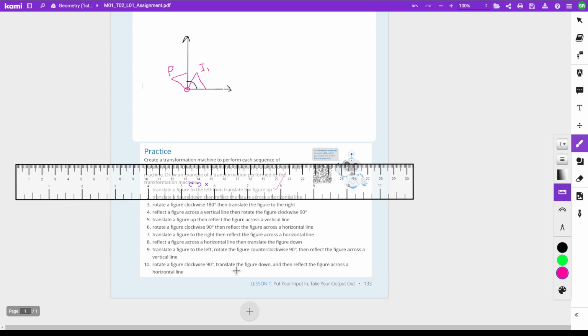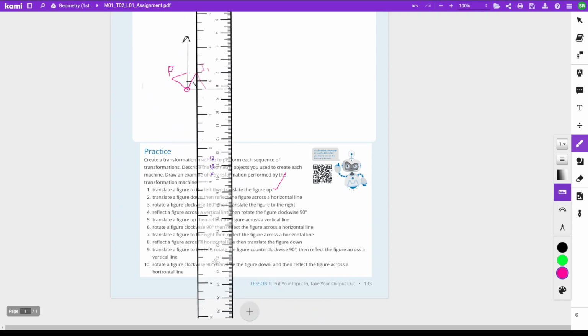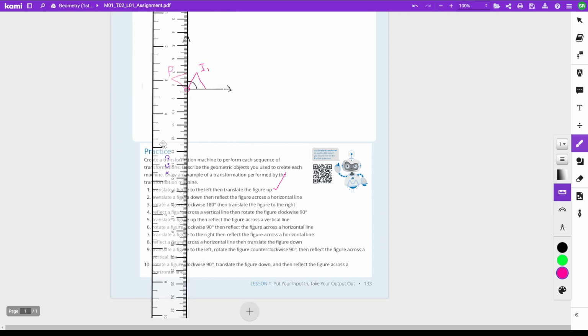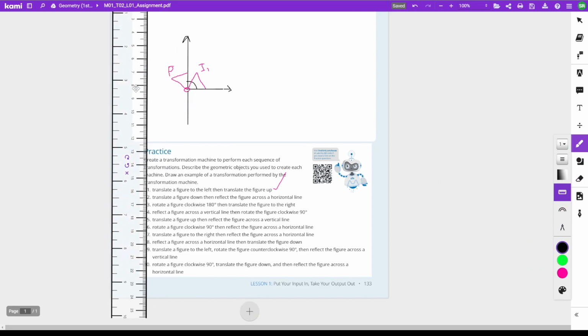Okay, and then it says translate the figure down. So now we're going to translate. And what do we need for a translation? We need a line segment, right? So we're going to get our ruler again and make a black line going downwards.